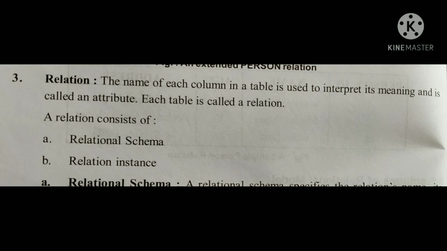If R is the name of a relation and A1, A2, and so on up to An is a list of attributes representing R, then R(A1, A2, A3, A4, ..., An) is called a relational schema.